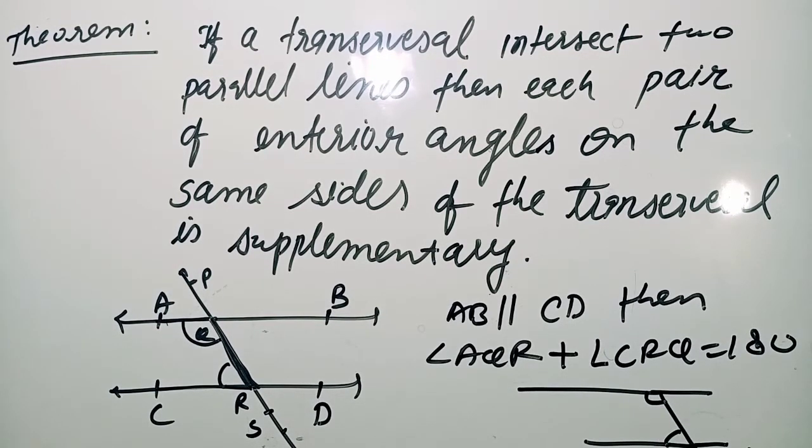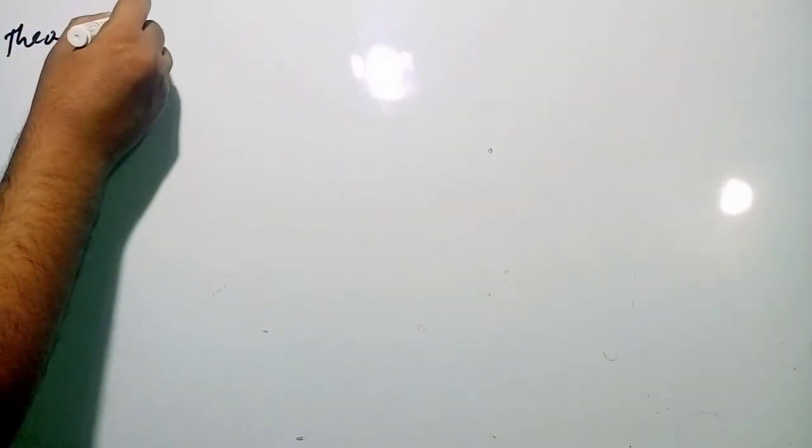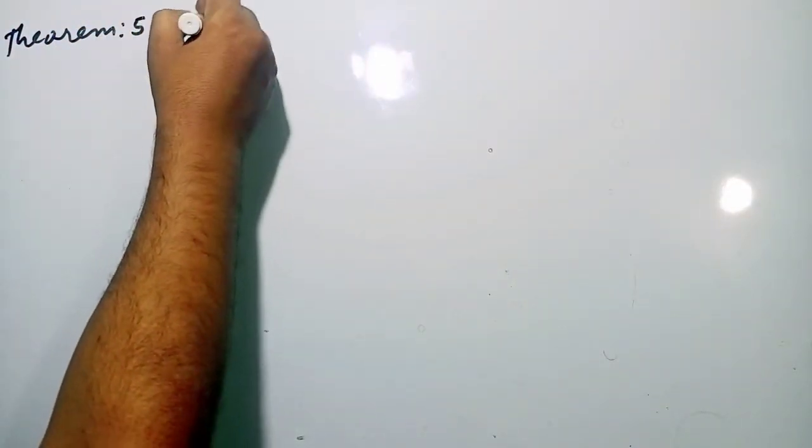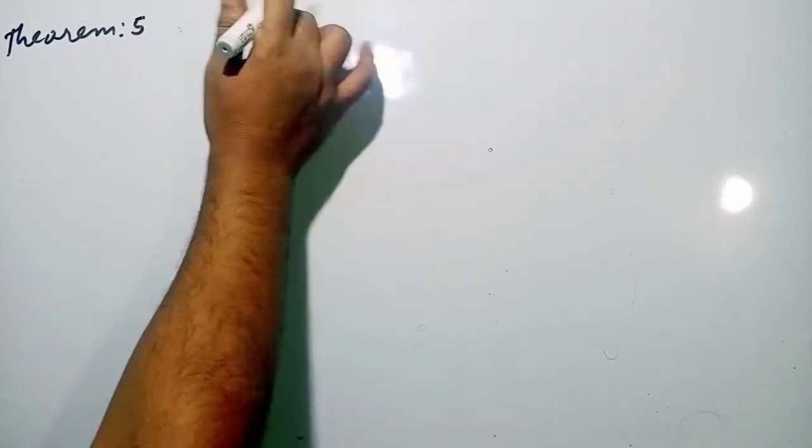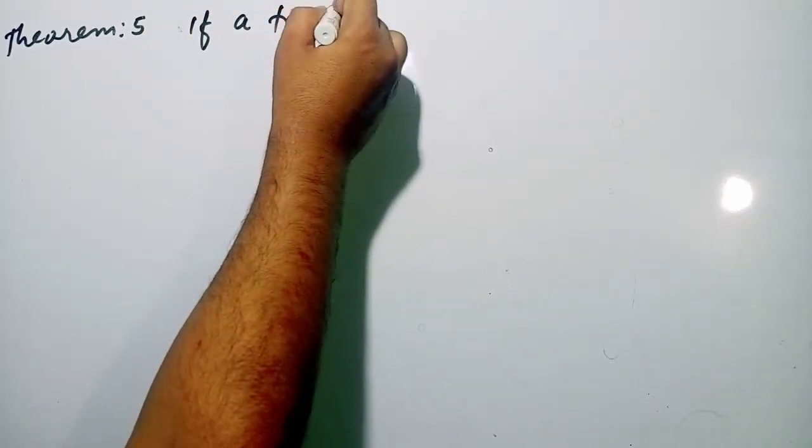In this symbol you can remind about angles on the same side of the interior. Next, theorem number 5. This will be the converse of theorem number 4.